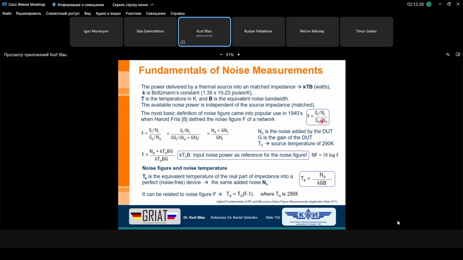This is divided by a relation of the outgoing signal power, in a lot of cases the amplified signal, divided by the noise power at the output. Or in other words, a quotient of signal power divided by the noise power at the input, and the signal power divided by the noise power at the output. We have a relation of an input signal-to-noise ratio to an output signal-to-noise ratio.